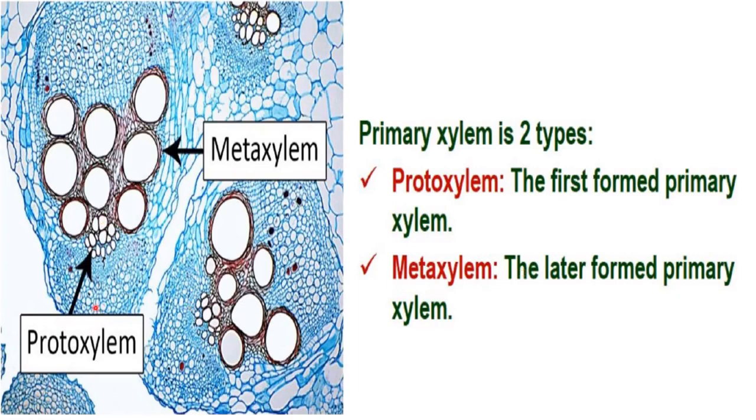You can see here, this is protoxylem and this is metaxylem. Protoxylem is the first formed primary xylem, and the later formed primary xylem is called metaxylem.